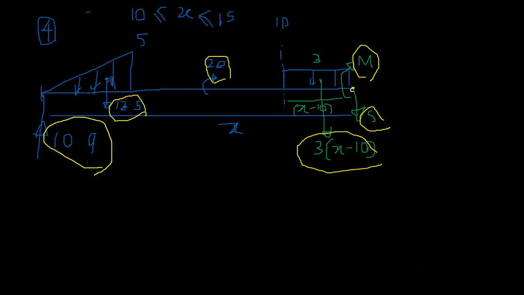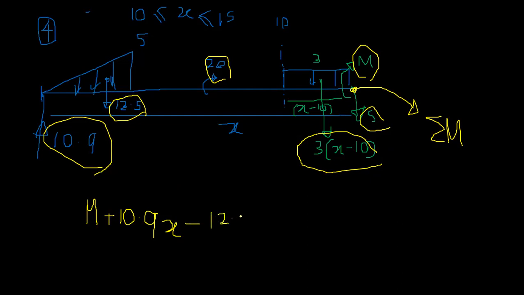So if you are taking a bending moment about this point, sigma M, again shear is not coming. So you can simply say bending moment is equal to 10.9 into x minus 12.5 into how much?